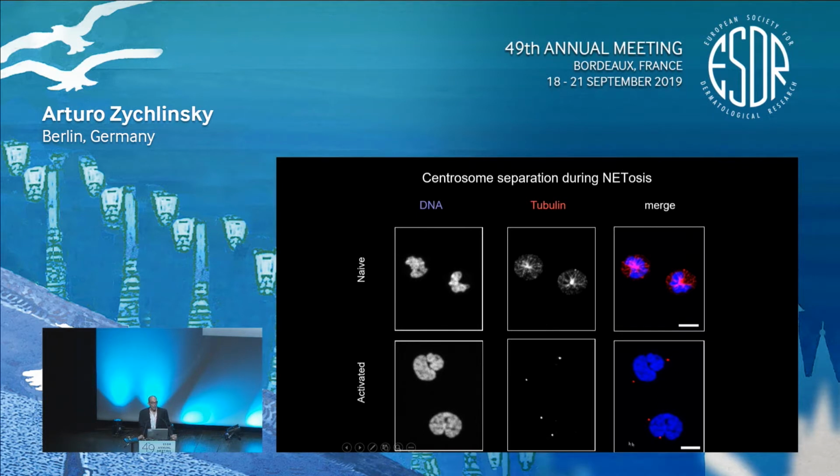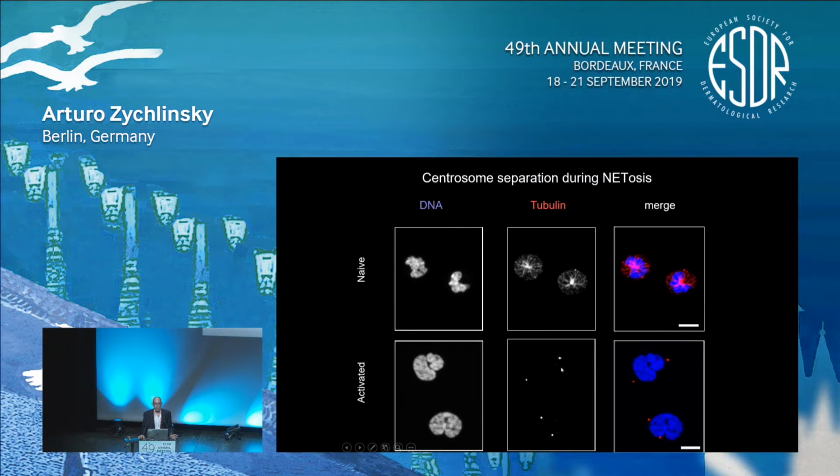And interestingly, downstream of the CDK6 is tubulin. Tubulin is supposed to form the mitotic spindle, so chromosomes can migrate to the other sides, but neutrophils are terminally differentiated. And we can see that in naive cells, these are non-activated cells, the tubulin forms part of the cytoskeleton. But when we activate the cell, the tubulin makes these centrosomes that are required for mitosis.